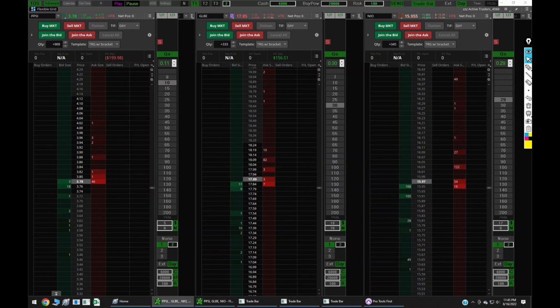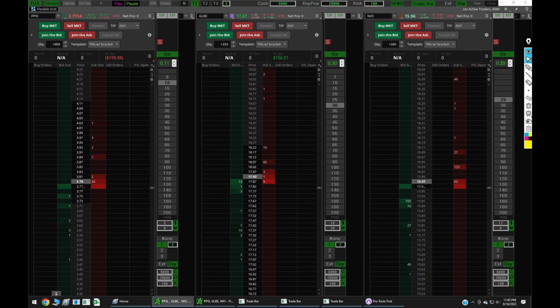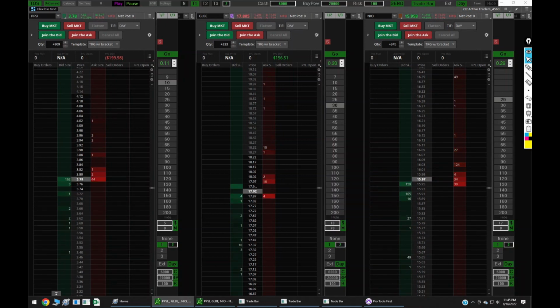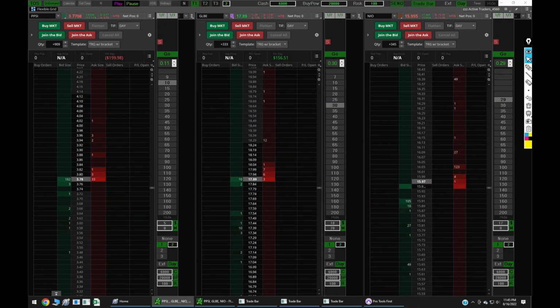On PPSI, I would expect this to go up and hit that line. But I just wasn't sure if this was the bottom line for this, and now it's looking more like it is.